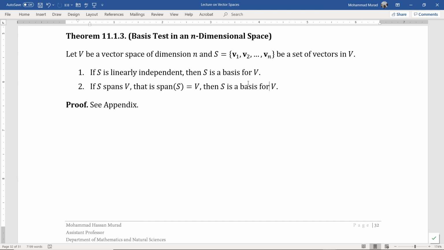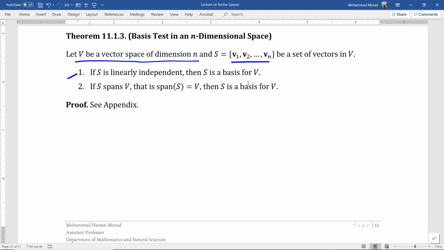Theorem. Basis test in an n-dimensional space. Let V be a vector space of dimension n, and S is a set of n vectors in the vector space V. If any one of the following conditions hold, then we can claim S is a basis for the vector space V. Condition 1.